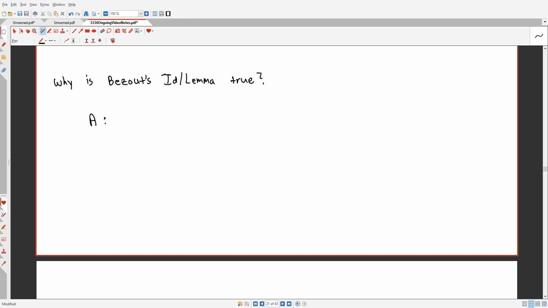The answer really comes from the division algorithm, which, when you use it in this following way, is really something that you might call the Euclidean algorithm. This is, again, Euclid using this statement of dividing.